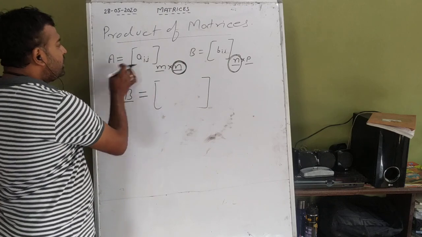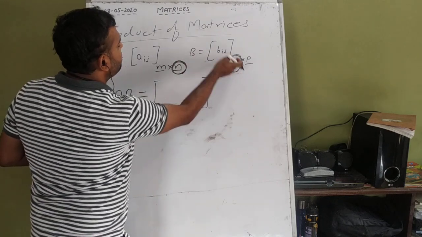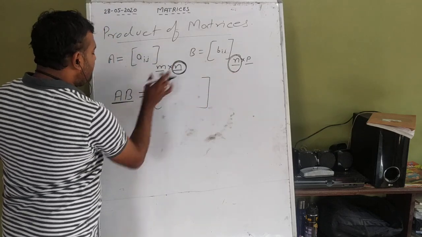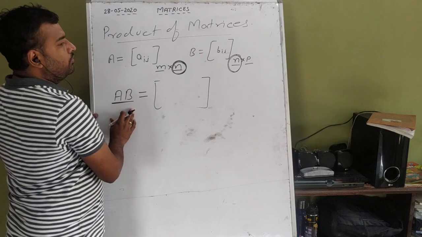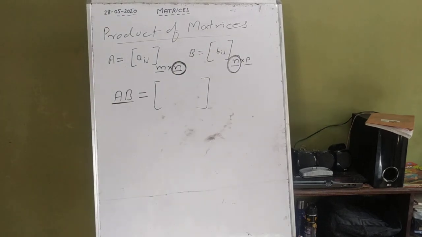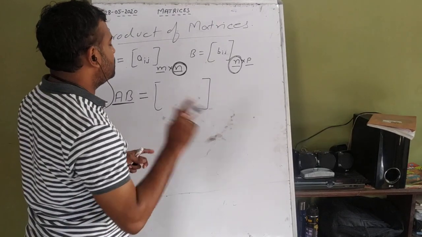Now, let us consider that the column of the first matrix and the row of the second matrix are the same, and that is equal to n. So the product AB is possible.